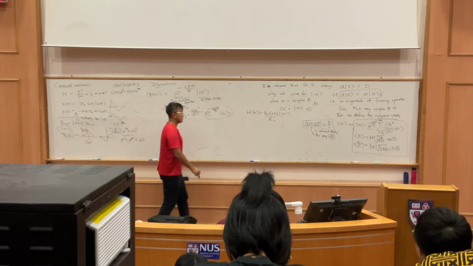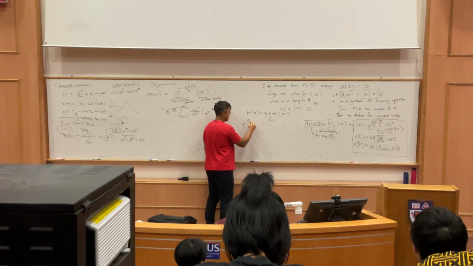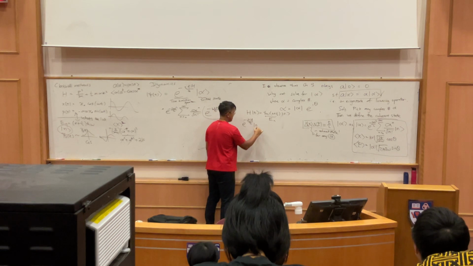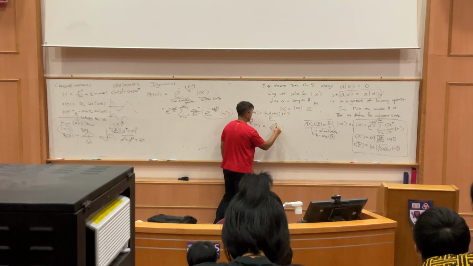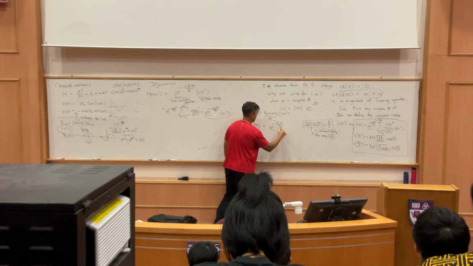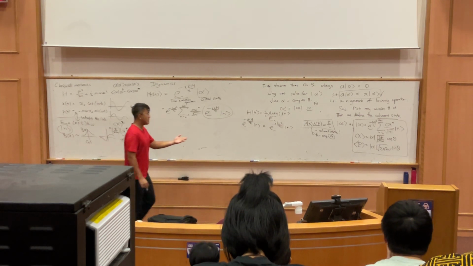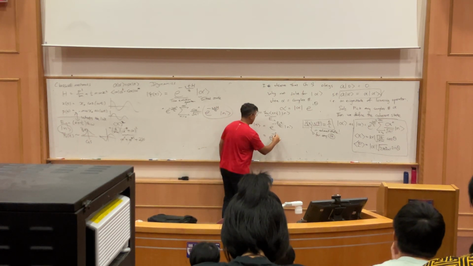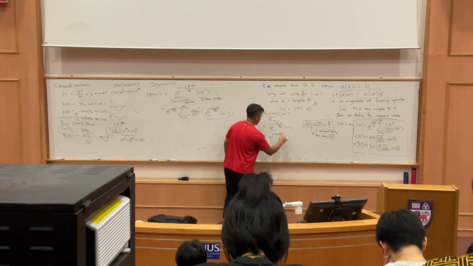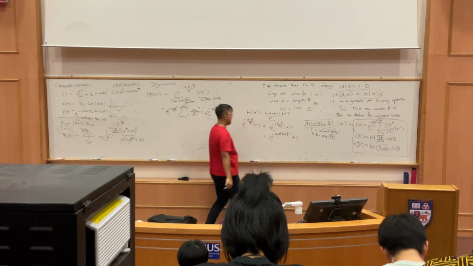So any function of the Hamiltonian, especially or particularly the exponential, is nothing more than applying the phase factor onto n. And in this case, it can be simplified easily to e to the power minus i omega t n plus 1 half. Okay?